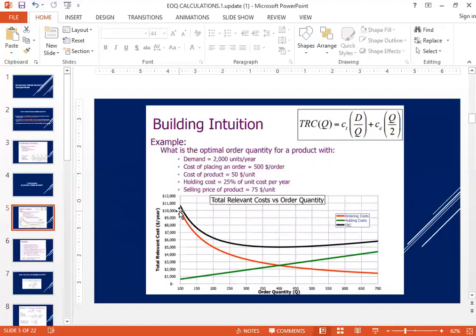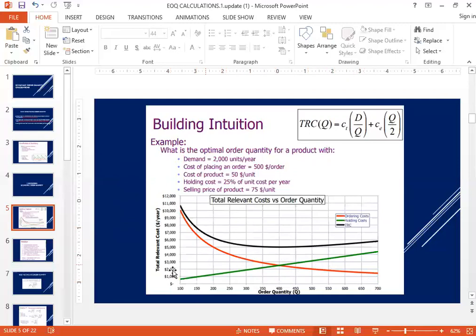But if you give us an order of a very, very big size, then we will give you quantity discounts. The bigger the order that you give us, the lower the price we are going to charge you. So my ordering costs go lower as the inventory quantity increases. You see that on one hand, the holding costs are increasing, but the ordering costs are decreasing.